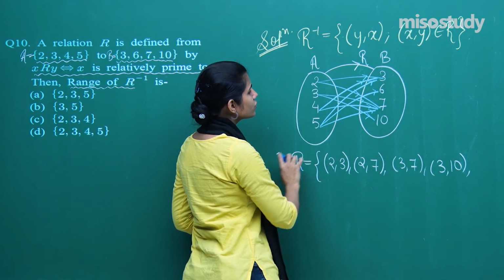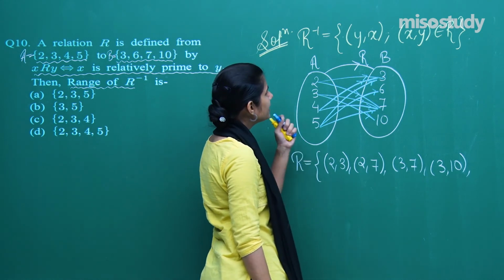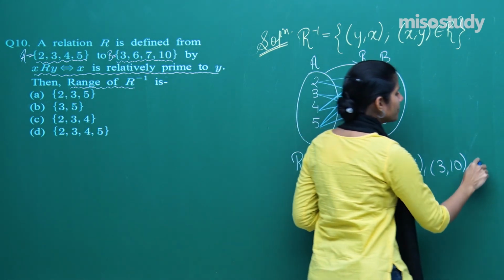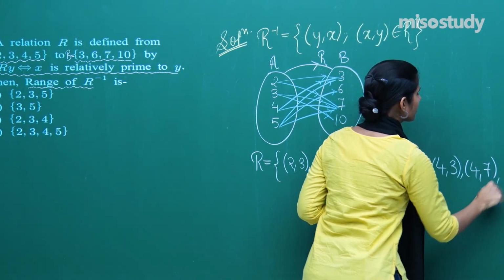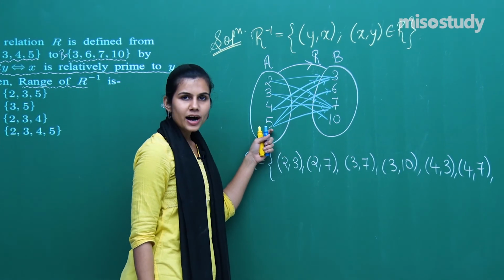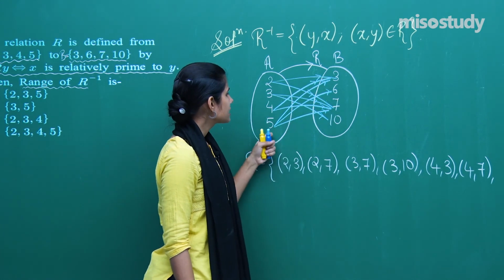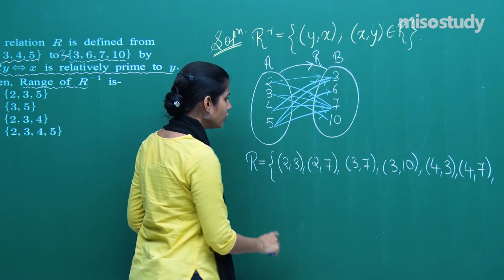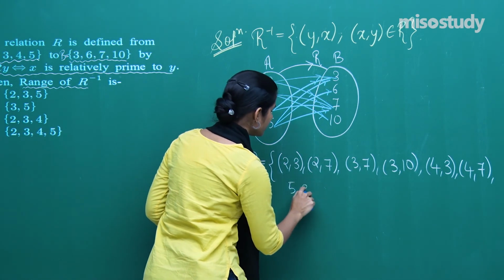Then I have 2 arrows again starting from 4 terminating at 3 and 7, giving me (4, 3) and (4, 7). And I have from 5, 3 arrows emerging: (5, 3), (5, 6), (5, 7). These 3 ordered pairs I will be writing corresponding to these 3 arrows.